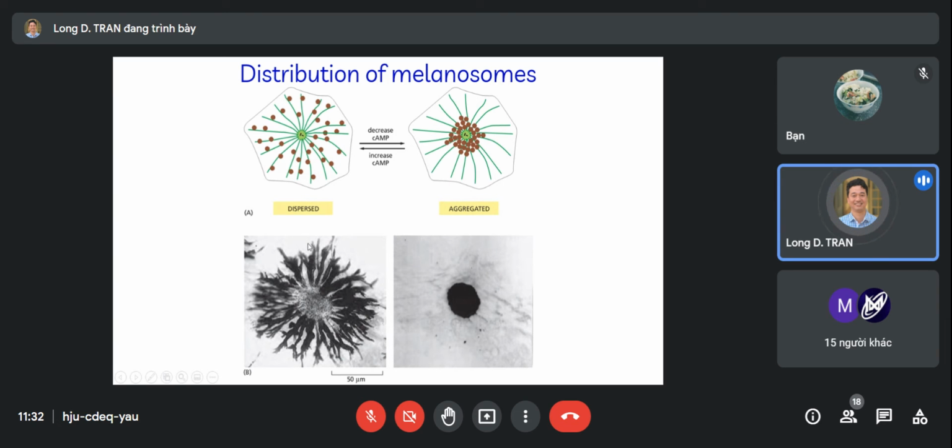When the cyclic AMP concentration is increased, then kinesin is activated, and kinesin will move the pigment granules throughout the cell body, and make the cell become darker, because it will absorb more light.